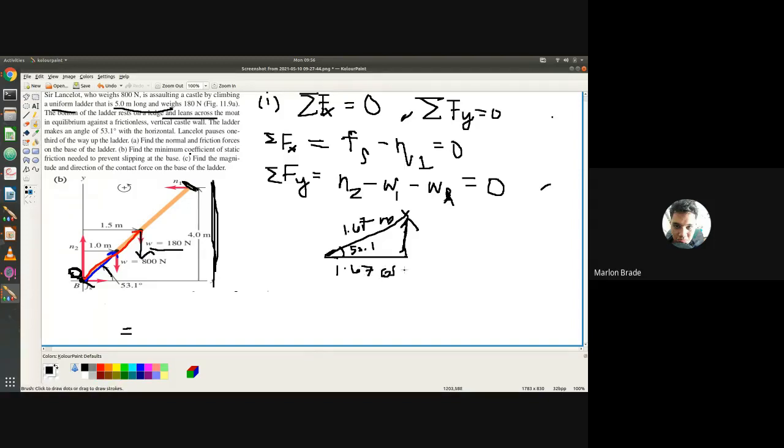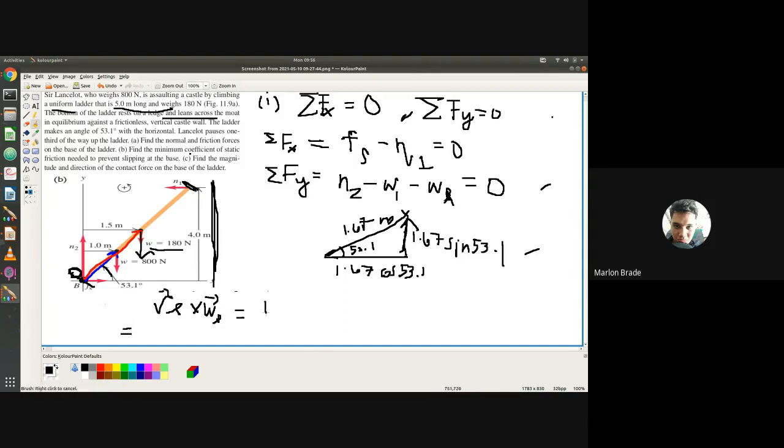1.67 cosine 53.1. And this is 1.67 sine 53.1. Okay? So, balik na ta. So, r_L cross W_L is actually equal sa kini.